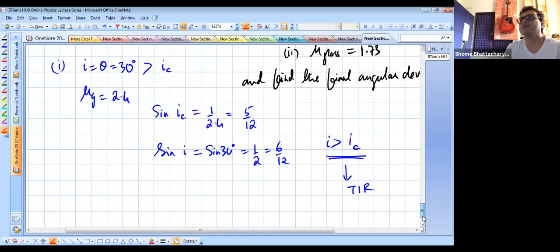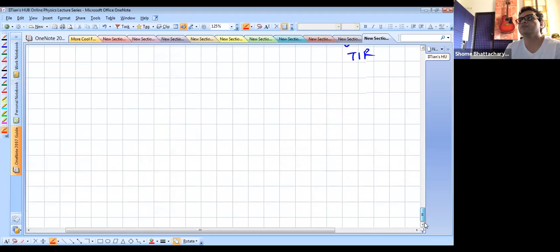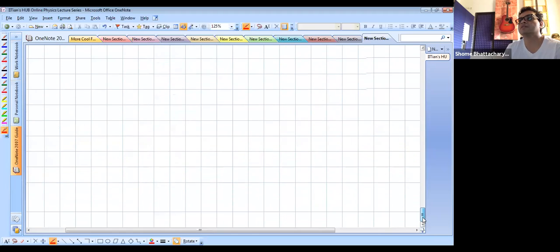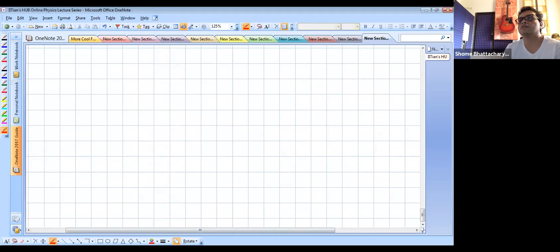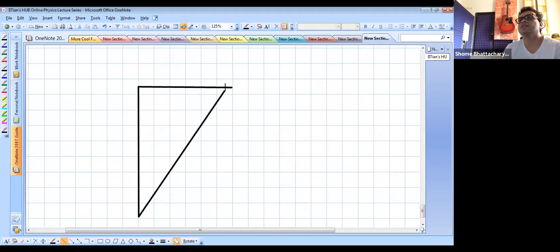But in a more proper ray diagram, it would be something like this. That 30-60 triangle would probably look something like this.